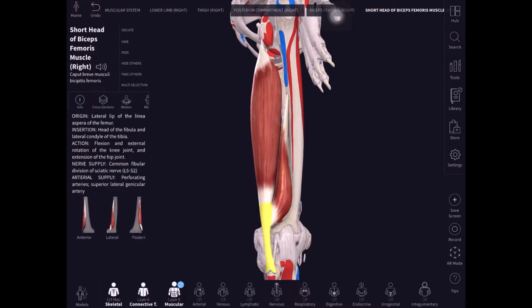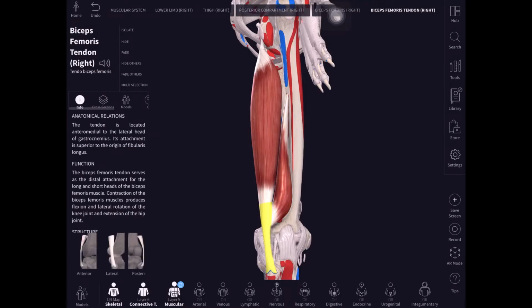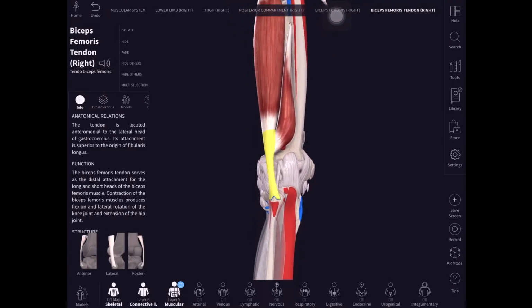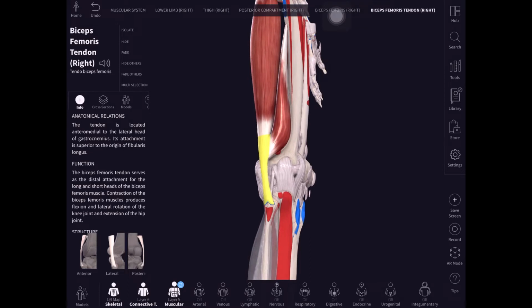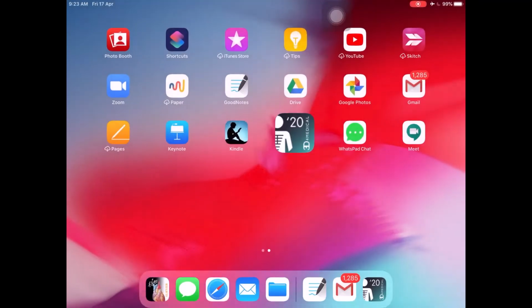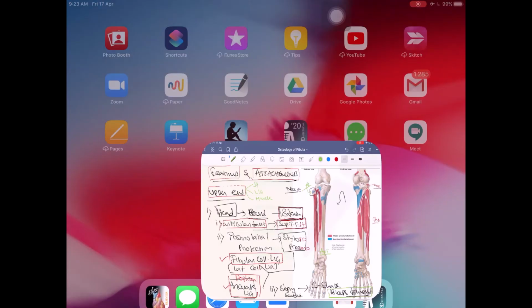Both heads are combining and forming a single tendon, which is coming and inserting to the anterior surface of the head of the fibula in a C-shaped sloping manner. So these are the three features of your upper end. So we'll continue now.